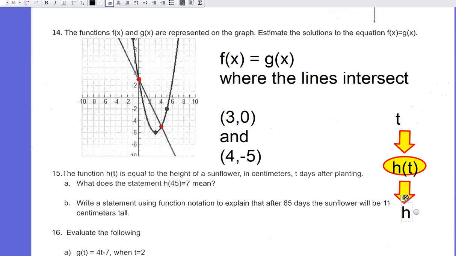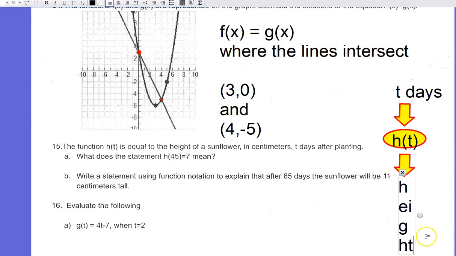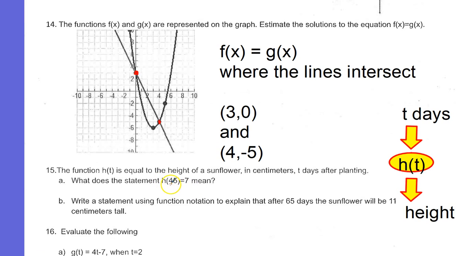What's t and what's h? t is for days. h is for the height of the sunflower. Okay, so what does h of 45 equals 7 mean? That means you input 45, you output 7.